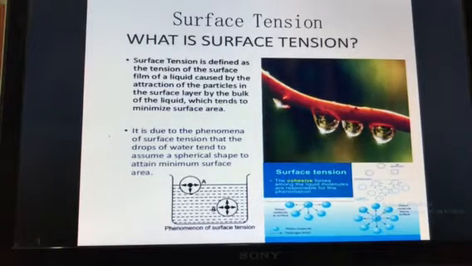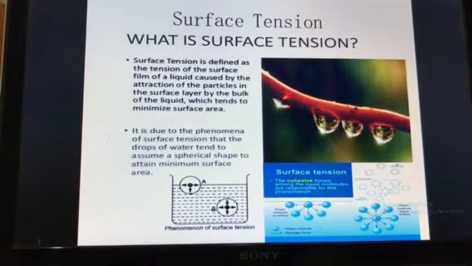It is defined as the tension of the surface film of a liquid, which is caused by the attraction of the particles in the surface layer by the bulk of the liquid, and which tends to minimize the surface area. Here the main concept is that surface tension will minimize the surface area.